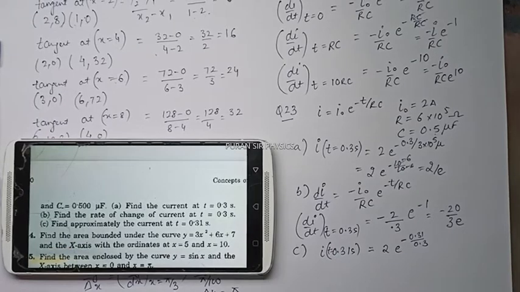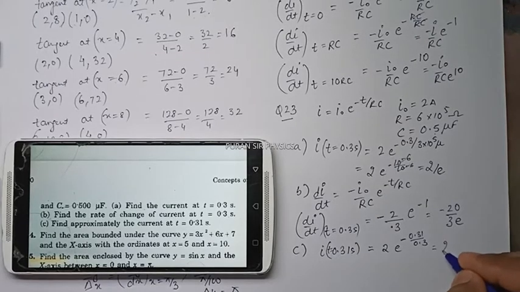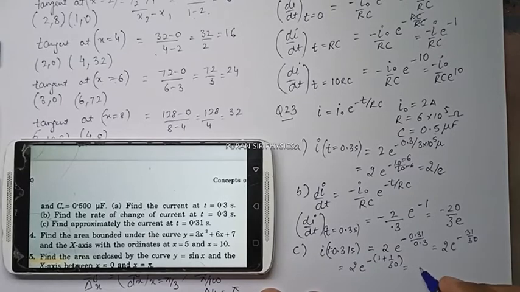Okay, we can write this as 2 into e raised to power minus 31 upon 30, and this can be written as 2 e raised to power minus 1 plus 1/30, and we can write this as 2 times e raised to power minus 1 times e raised to power minus 1/30.